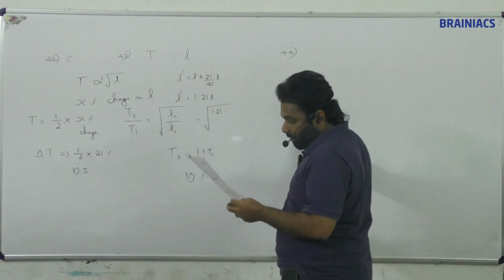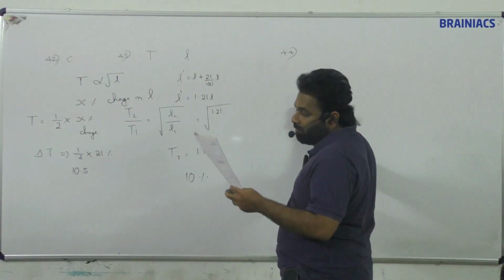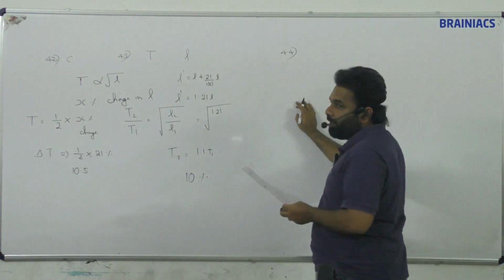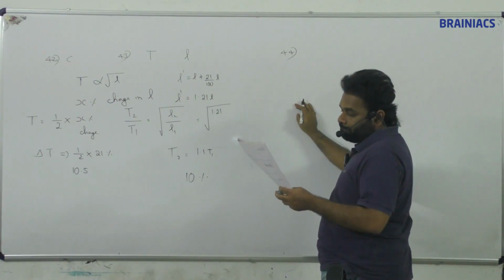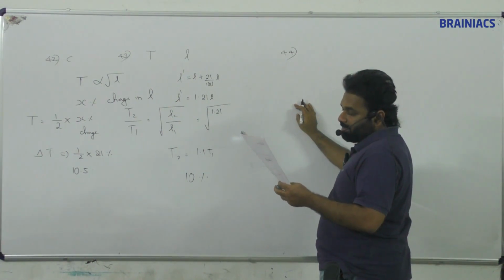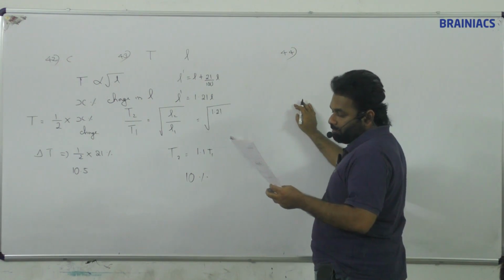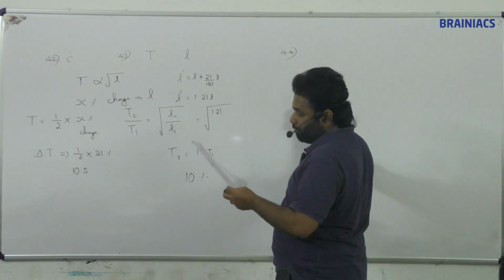Question number 44. The length of the simple pendulum is increased by 1%, then its time period will increase by how much?